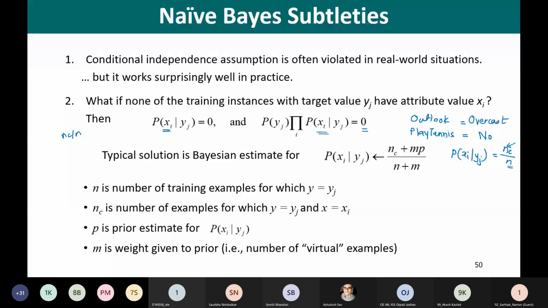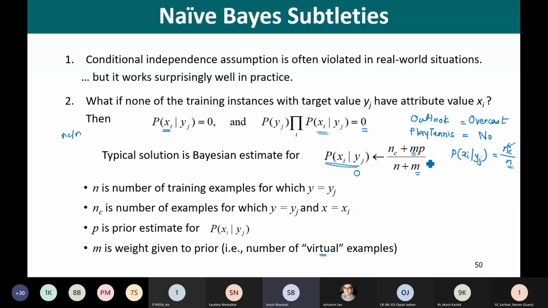That is, we are assuming some number of virtual examples. Right? Why? Because we do not want to have this probability as 0. And that is why we are assuming few virtual examples. But still we are assuming that there are some examples. And this is how we are using this m.